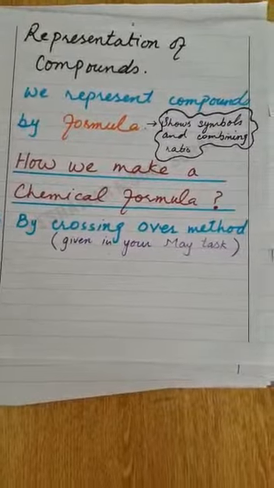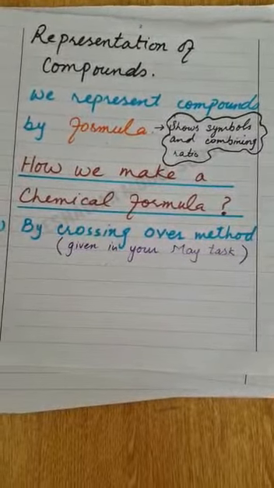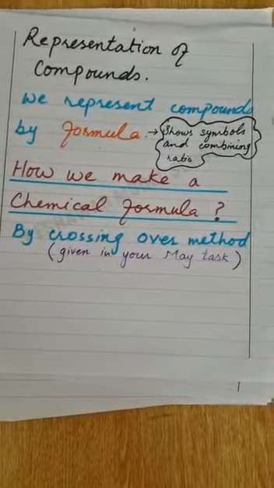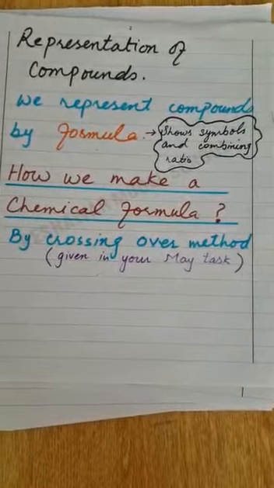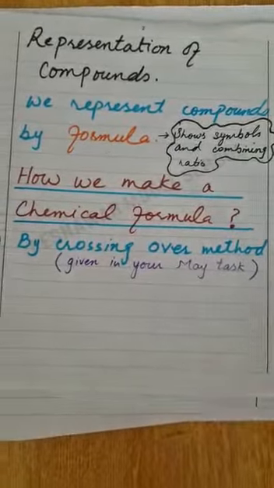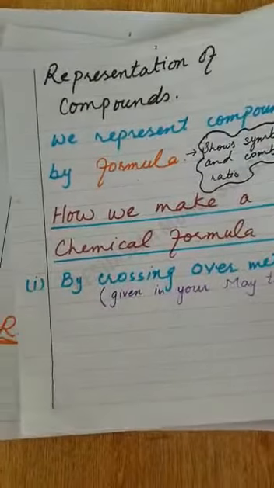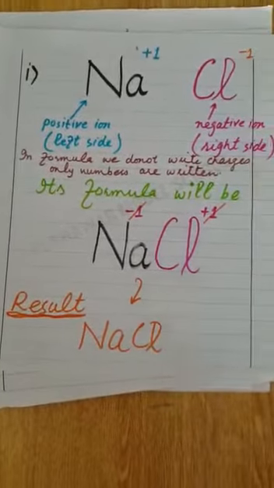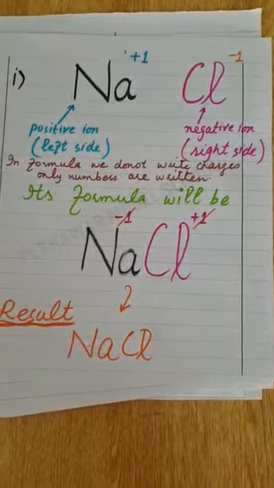The chemical formulas are made by using a very important technique, known as the crossing over method. That task is also present in the May/June exam, so it's very important to learn this process. This process is just the crossing over method.